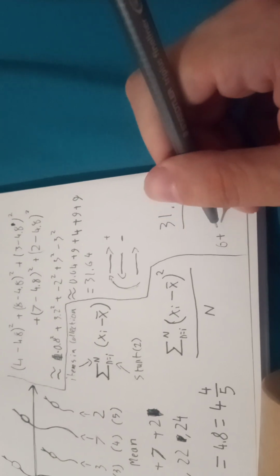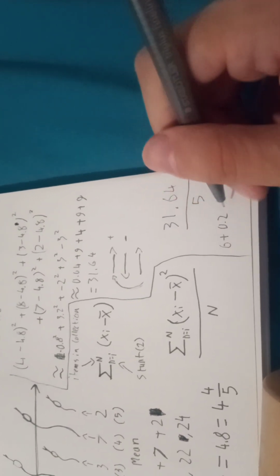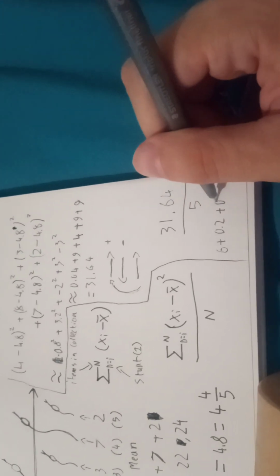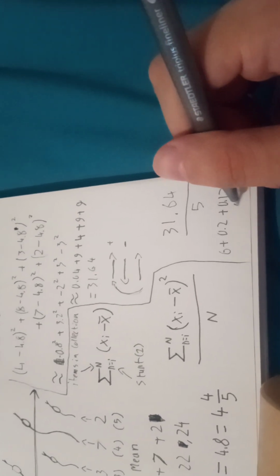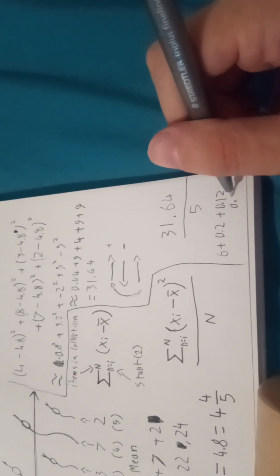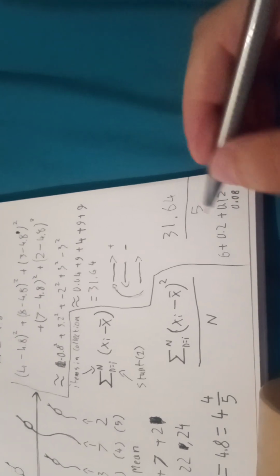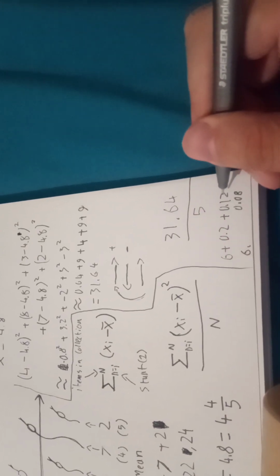because 5 goes into 36 times, 5 goes into 1 0.2 times, and then we've got 0.12 for this, and then we've got 0.08. Okay, so what you will then have is 6.4.